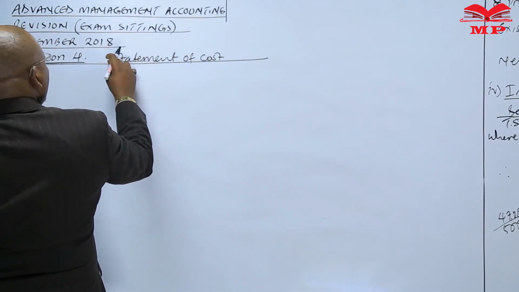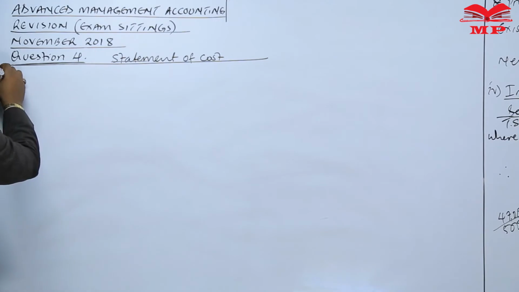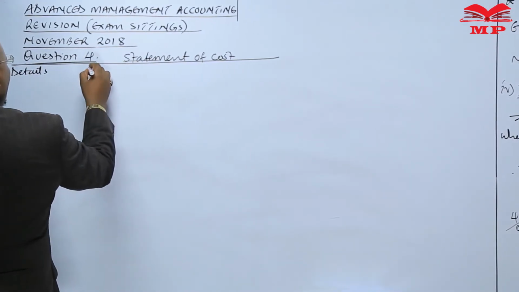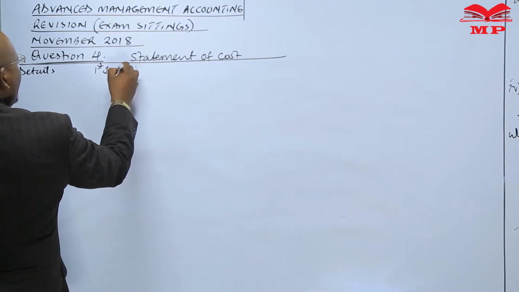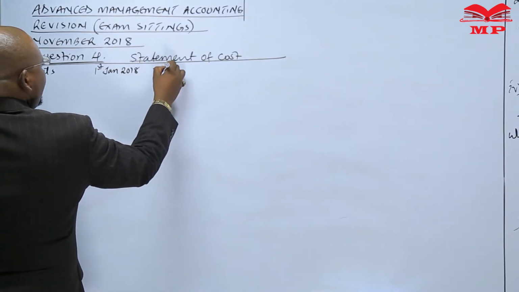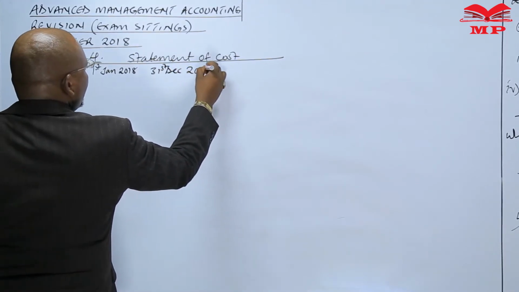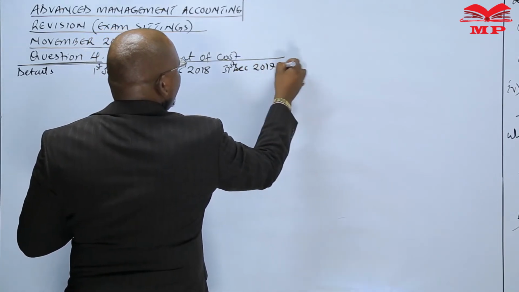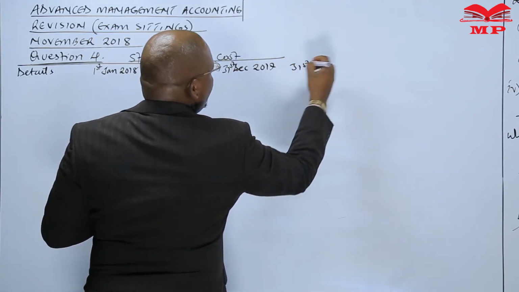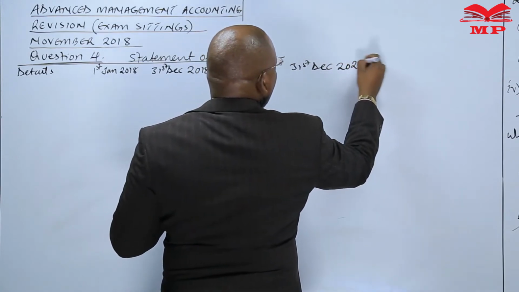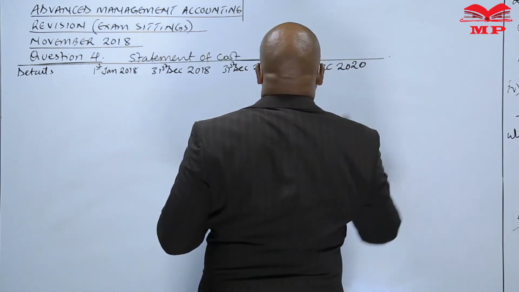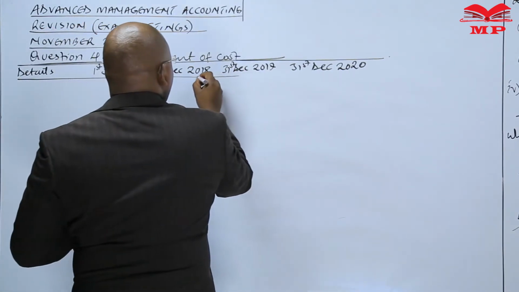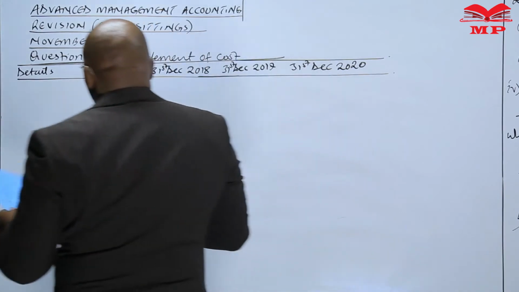Statement of cost. So you can have here details: 1st January 2018, 31st December 2018, 31st December 2019, and 31st December 2020. So we're going to be adding these costs.